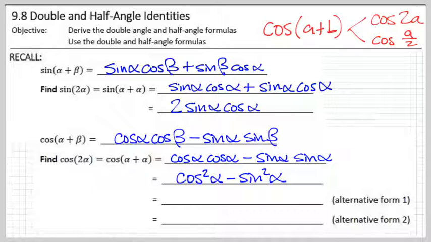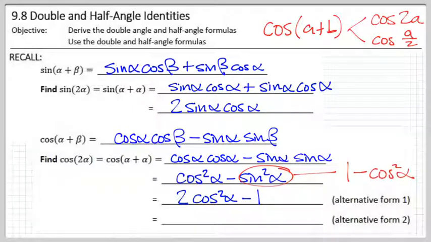And this is an identity right here, a good one to know. But we can also extend this if we consider that sine squared alpha itself can be thought of as 1 minus cosine squared alpha. Then we could turn all of this into an expression that just has cosine squared in it. So we have 2 cosine squared alpha minus 1.